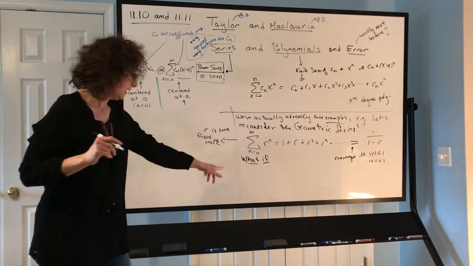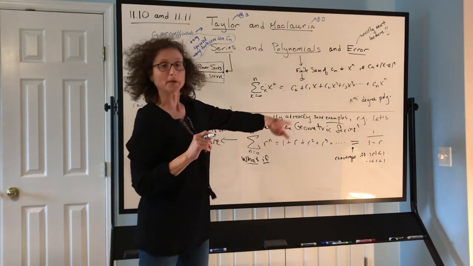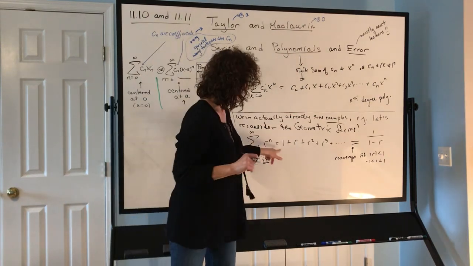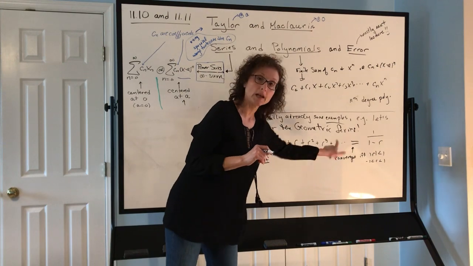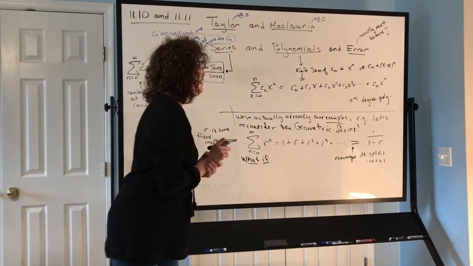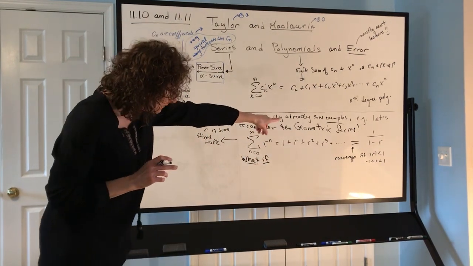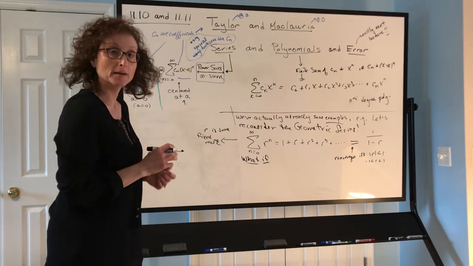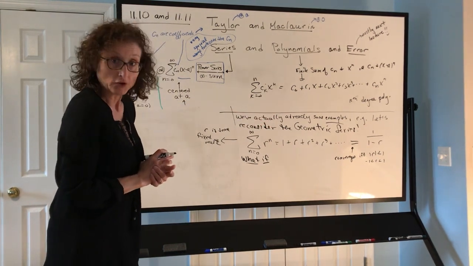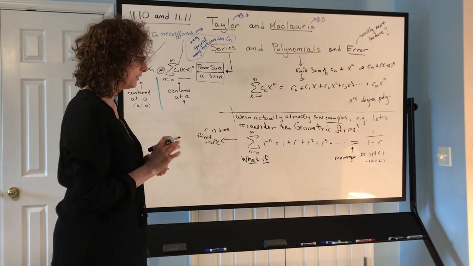That's what we were assuming. We had some fixed real number and then we were going to add it up. Like if r was a half: 1 plus a half squared plus a half cubed. And that nice little formula tells us how to sum that and get 2 if r is a half.